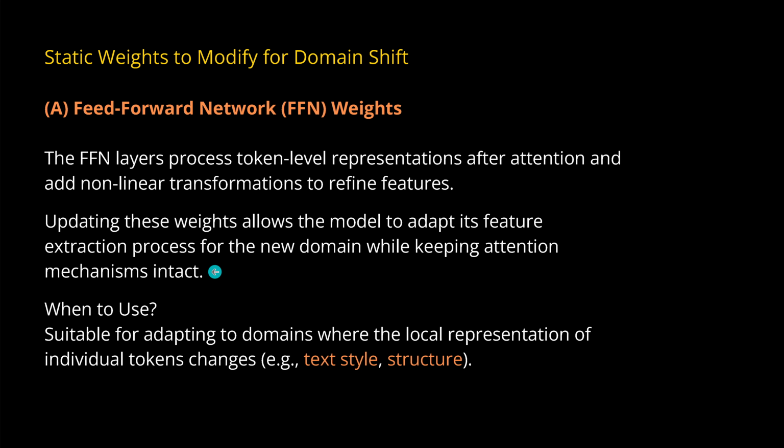So your knowledge from the attention, which token refers maximum to which other tokens, is unchanged. When should you use this? It is suitable for adapting to domains where the local representation of the individual token changes, if you have a different text style or a different structure of your text. Then focus on the feed-forward network weights.